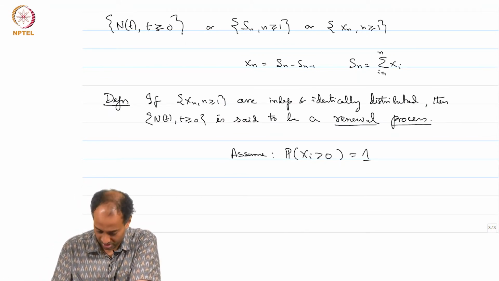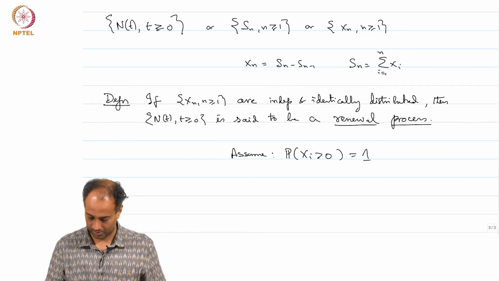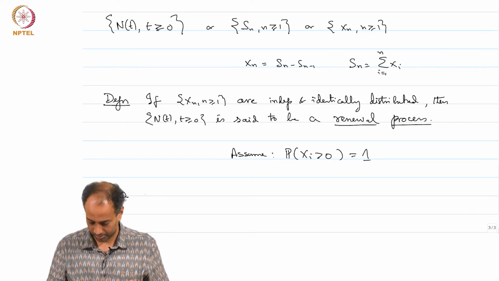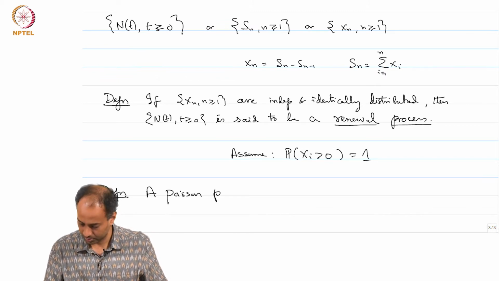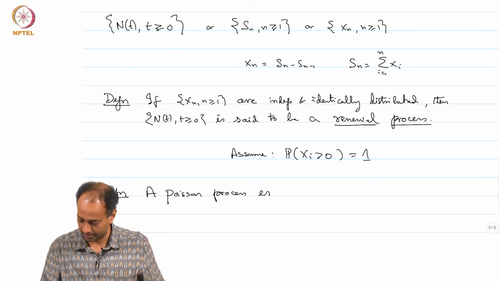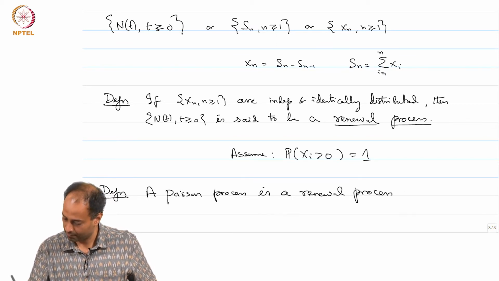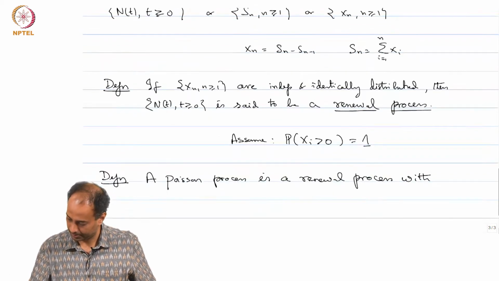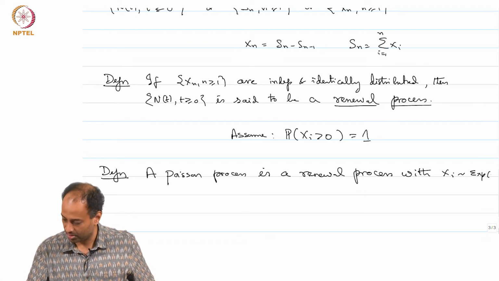And what is a Poisson process? A Poisson process is a renewal process with X_i's exponentially distributed with some parameter lambda.